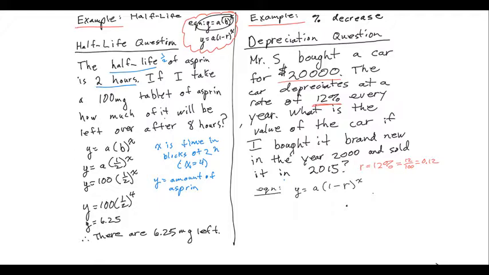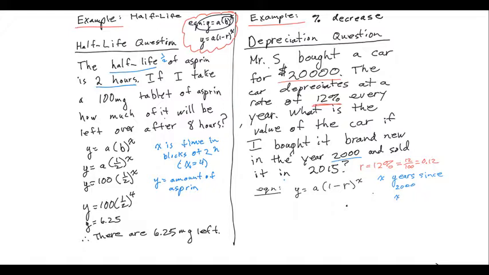Now, let's go and identify what x is. X is going to be the years since, well, when did we start this? We bought the car in 2000, so since 2000. Now, on our calculations, we're looking for our value for 2015.